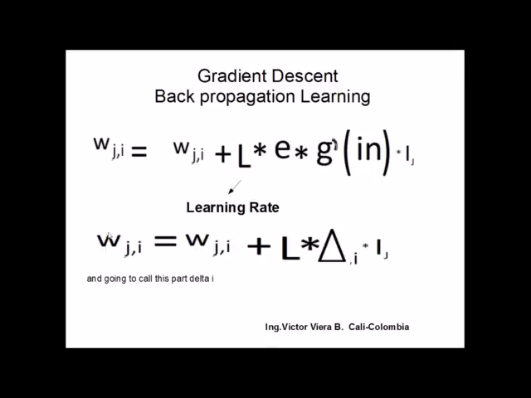In other words, the new weight is equal to the old weight plus the learning rate times delta_i times a_j. Here, we finish the first part of the backpropagation learning.